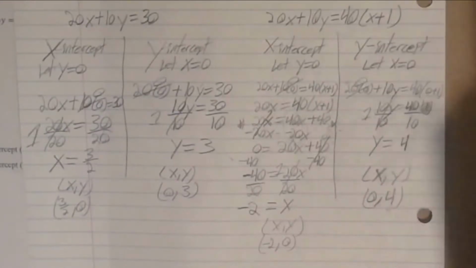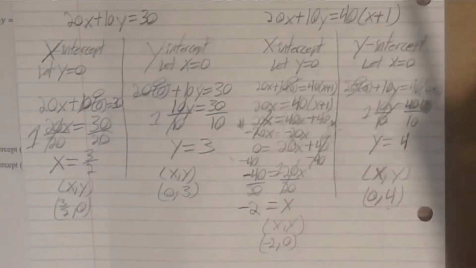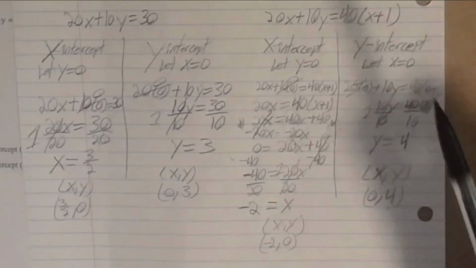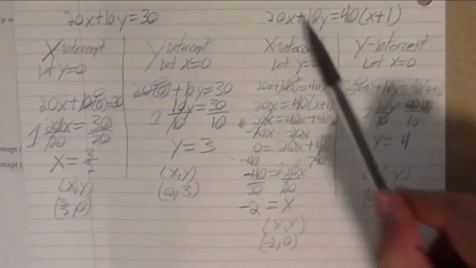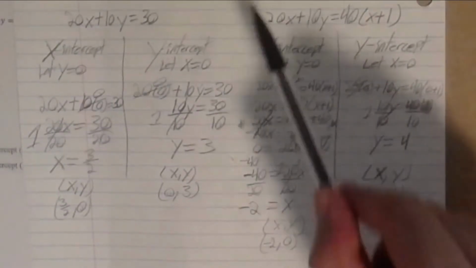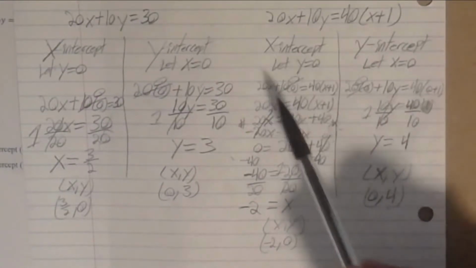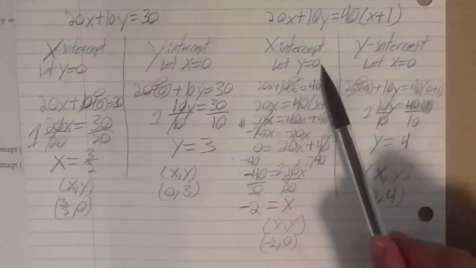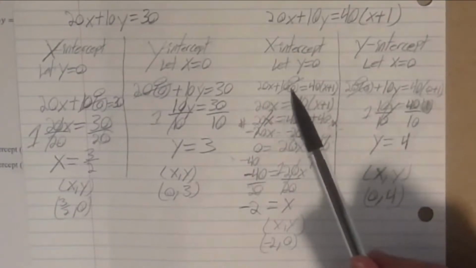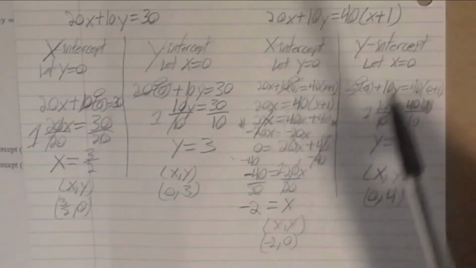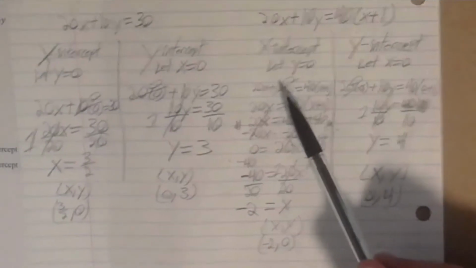When we say let x equal 0, that means every time you see an x in the equation, you replace it with a 0, which is exactly what we did over here. Over here, we let y equal 0. So every time we see a y, we replace it with a 0, which is exactly what we did right here. There was only one y over here, so we only did it one time. I hope that was clear.